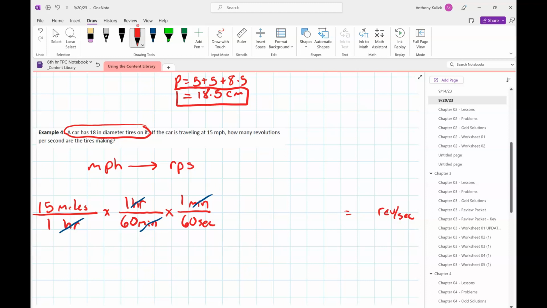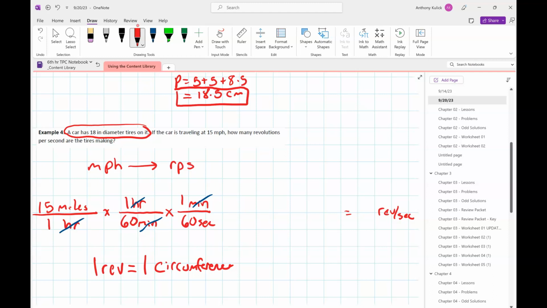Okay, let me ask you a new question then. How far is 1 revolution of a wheel? Not 18 inches. How much distance, though, is 1 rotation, or 1 revolution of the wheel? 1 revolution is 1 circumference, right?